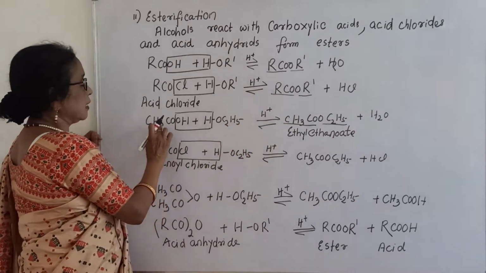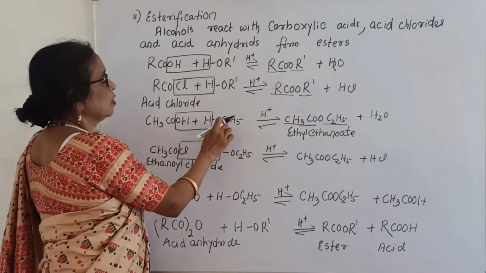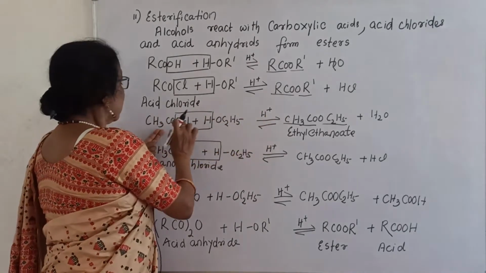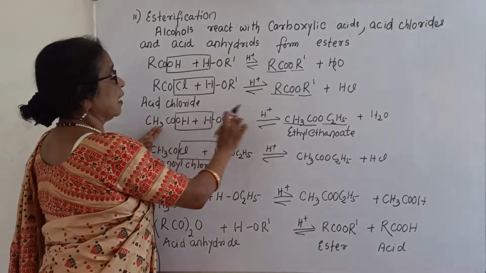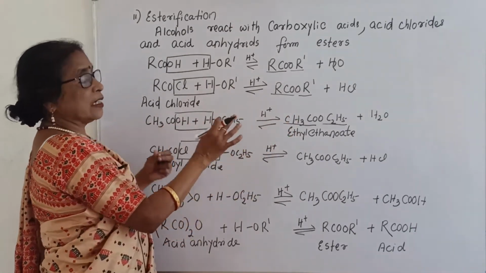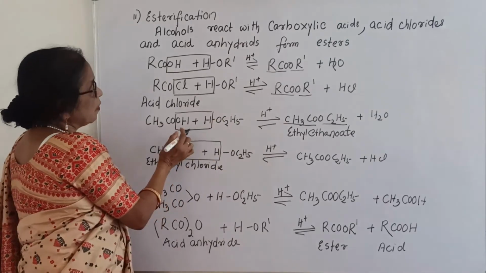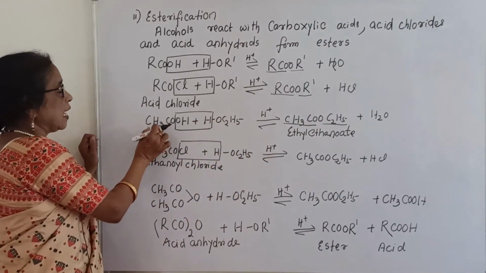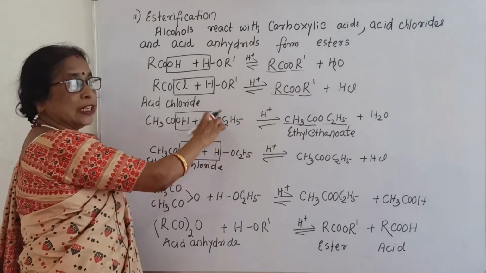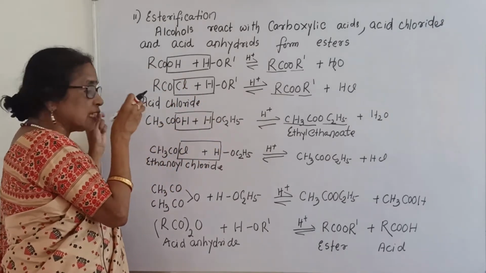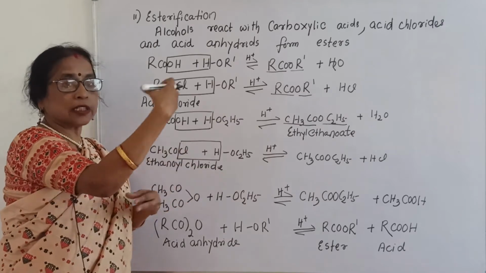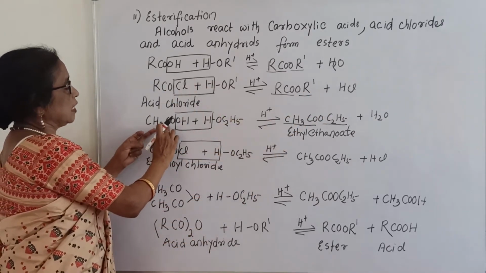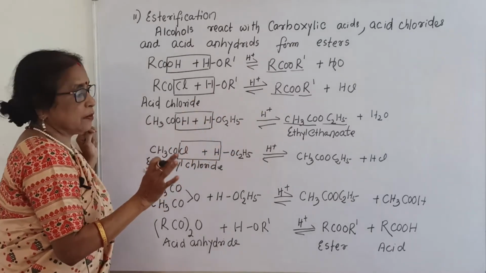CH3COOC2H5. Put the same part here, that means ethyl, so it is called ethyl ethanoate. And what is the byproduct here? Water. Clear? You put the alcohol in this way so that it is easy to show how water is produced as a byproduct. Then what is remaining? CH3COOC2H5. It is very easy now.